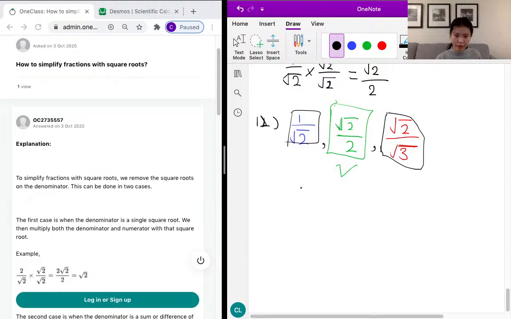So how do we do the simplification? Well, again, we just multiply. For example, let's simplify root 2 over root 3. We just want to multiply this fraction by 1.